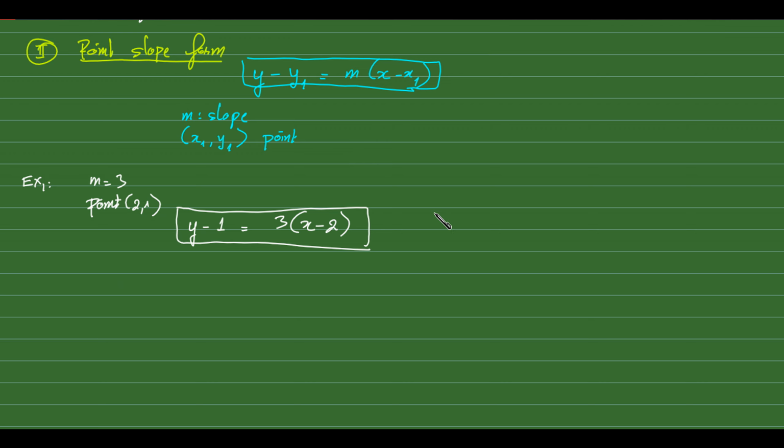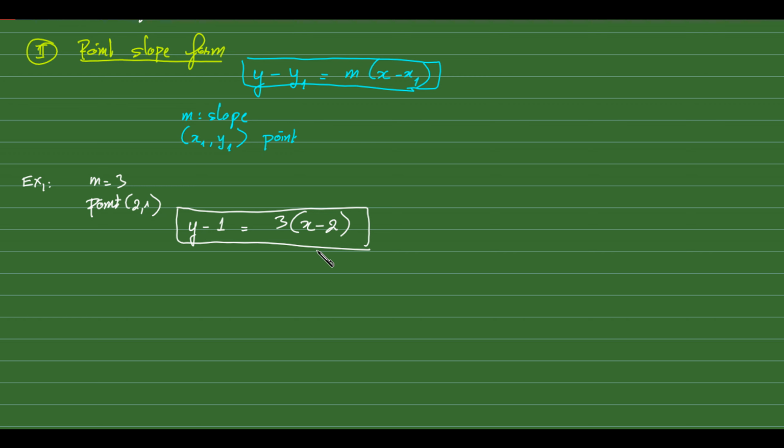What if they want you to convert point-slope form to slope-intercept form? It will be very easy, okay? Because we can convert back and forth between point-slope form and slope-intercept form. So let me show you how to convert this point-slope form to slope-intercept form.